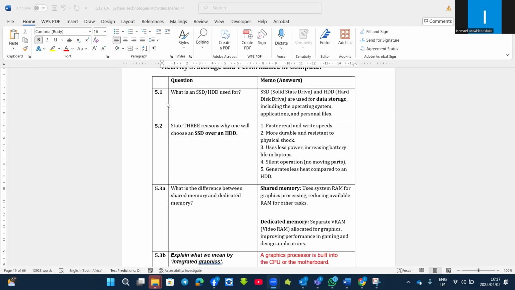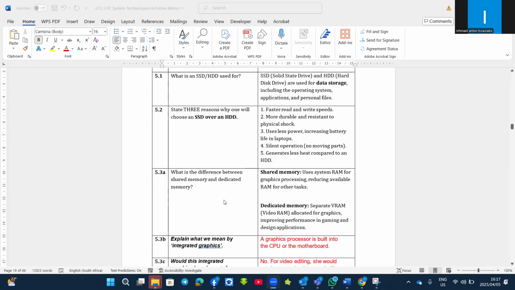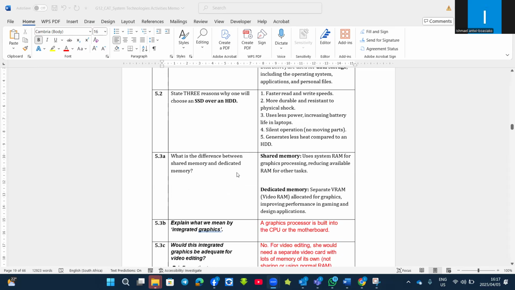Now, the second one says, what is the difference between shared memory and dedicated memory? Now, we have the shared memory and then the dedicated memory, which is the RAM. Now, the shared memory uses the system RAM for graphic processing, reducing available RAM for other tasks.